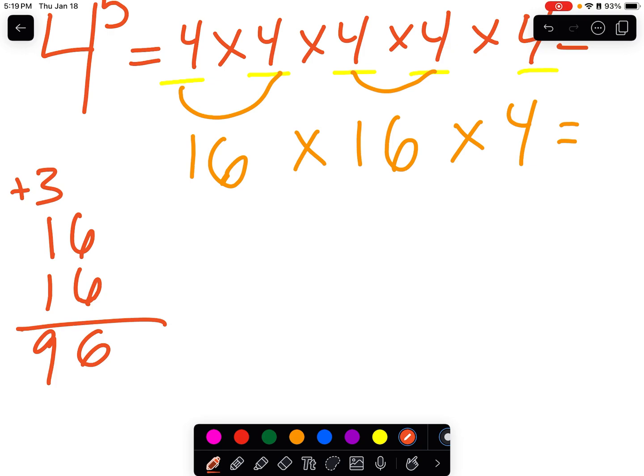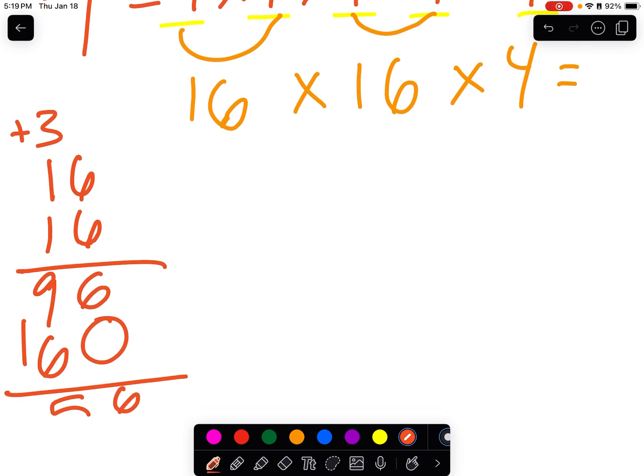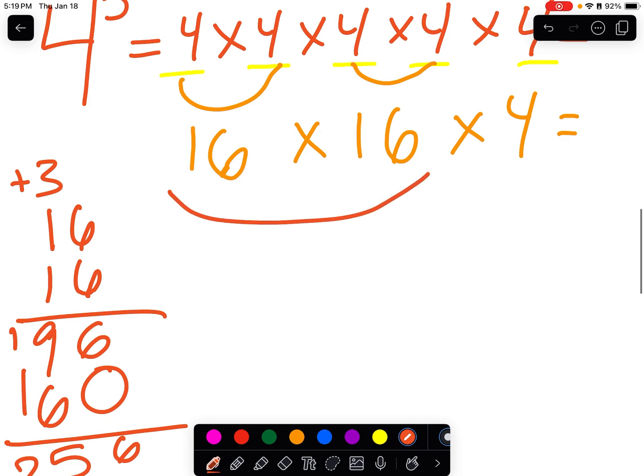Now I'm moving over to the 1 here. I'm doing the standard algorithm here. Put a 0 there. 1 times 6 is 6. And then 1 times 1 is 1. Got to add it up. 9 plus 6 is 15. Carry the 1. So the answer is 256. Okay, so now we've got 16 times 16, that's 256.